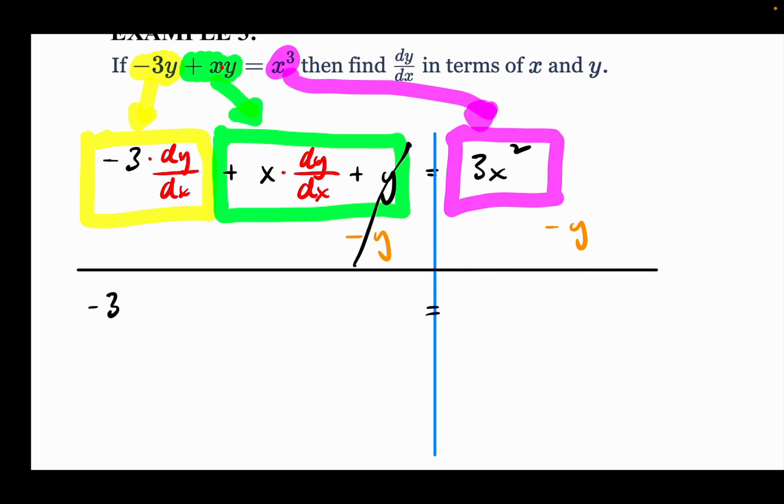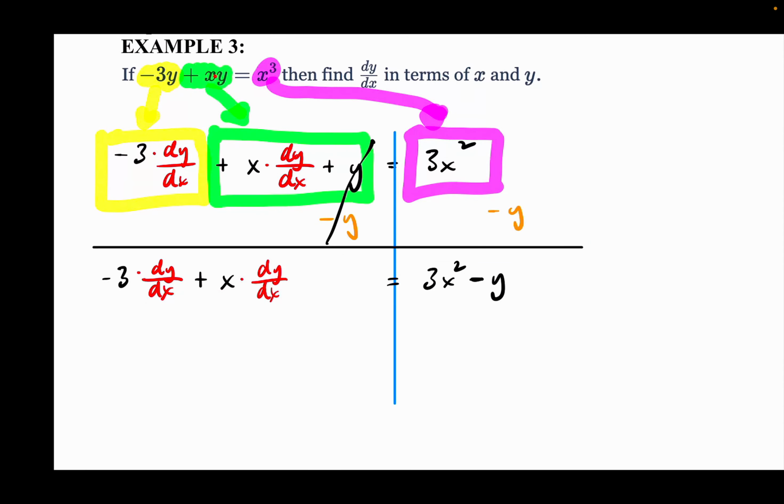So I have -3 times dy over dx plus x times dy over dx equals 3x squared minus y. I've got two terms on the left side of the blue line, and they both have a dy dx, so I'm going to factor out a dy dx.